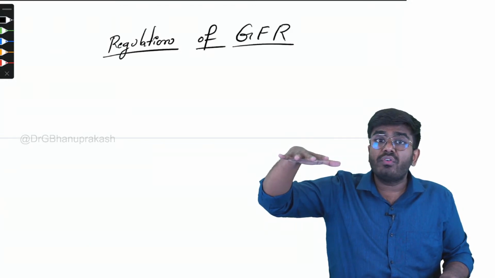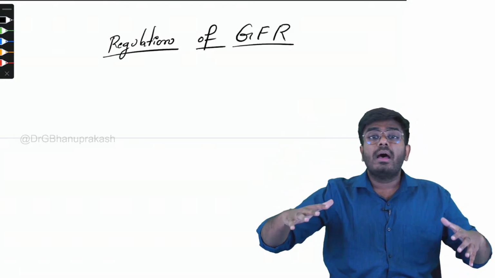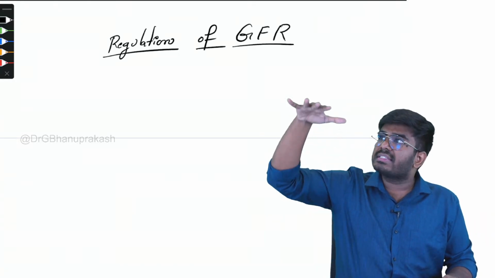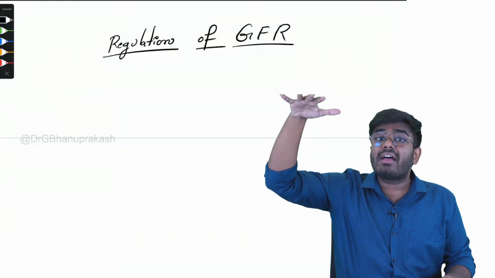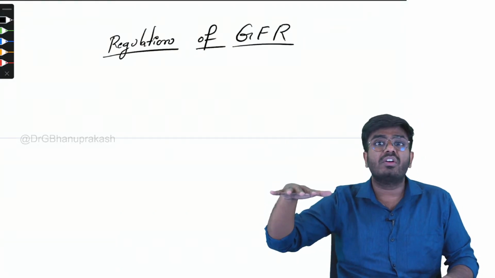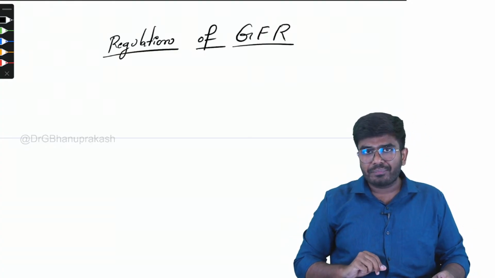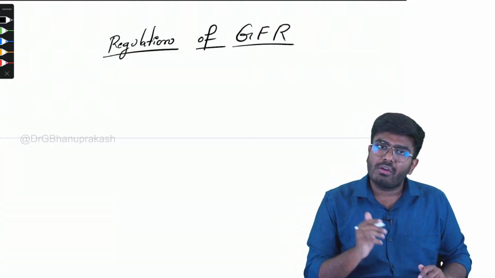Now, if GFR is increasing, for example, going to 150, 160, 170, your kidneys have the capability to bring it down to normal. So that's called regulation of GFR. Now, how that regulation will happen, we will see.